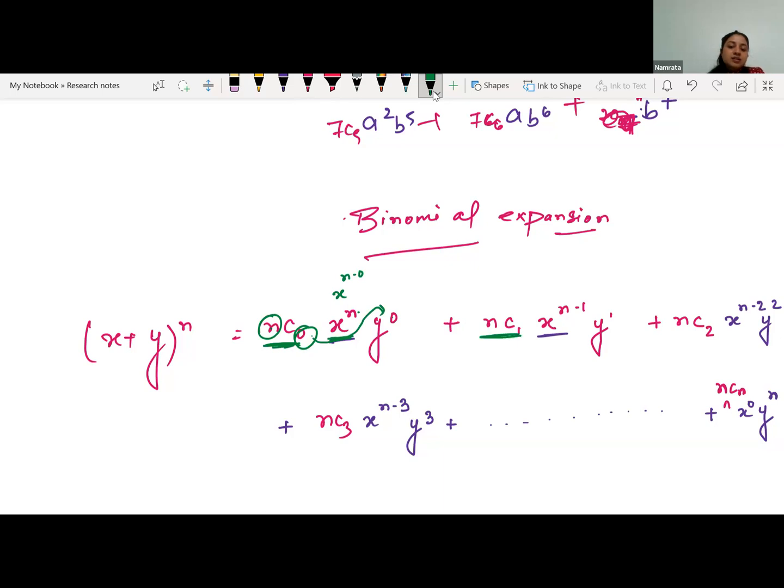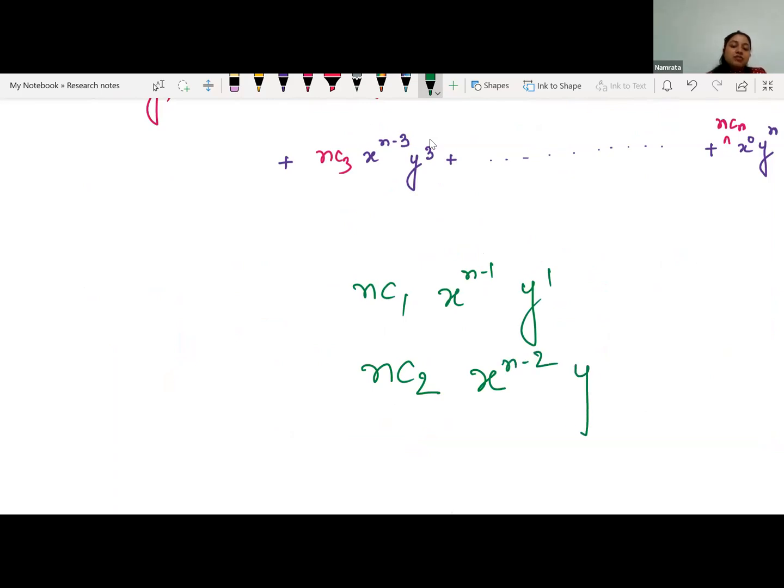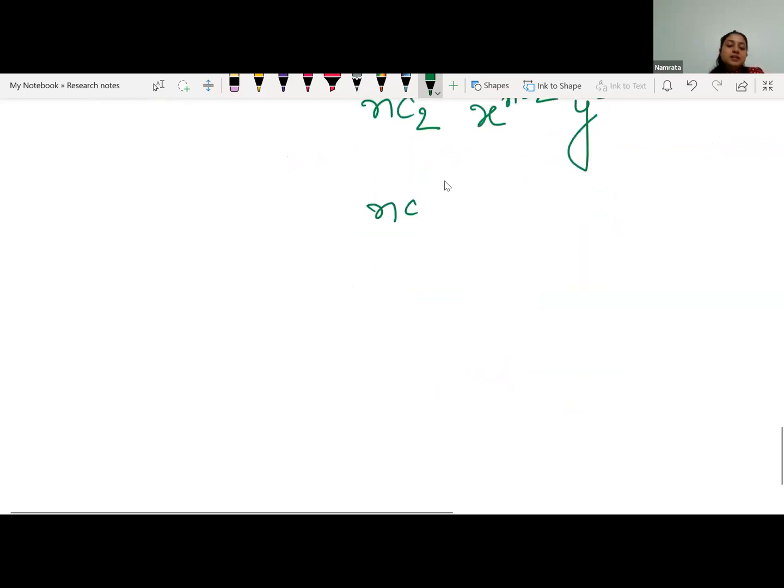Similarly, if you are writing nc1, then the power of x will be n minus 1 and the power of y will be 1. If you are writing nc2, then the power of x will be n minus 2 and the power of y will be 2. If you are writing nc3, then the power of x will be, Lena?